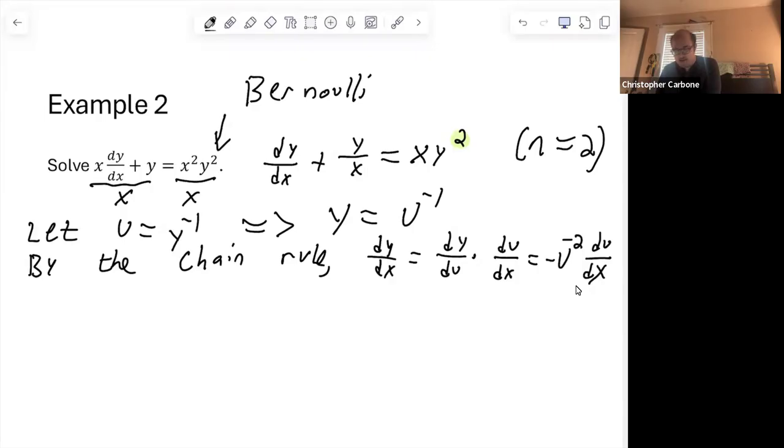So, applying this, we're going to get negative u to the negative second power times du over dx plus 1 over x times u to the negative first power, and that'll be equal to x times u to the negative second power.